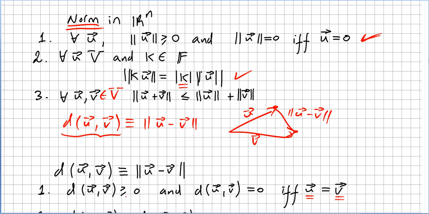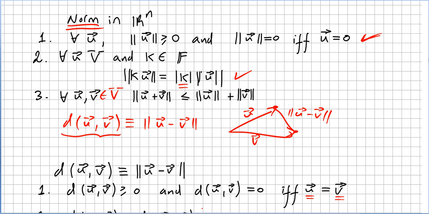Since we are in the normed space, it follows the first property of norms that says the norm of any vector will be bigger than 0 or 0, and it will be only 0 if the vector is 0.